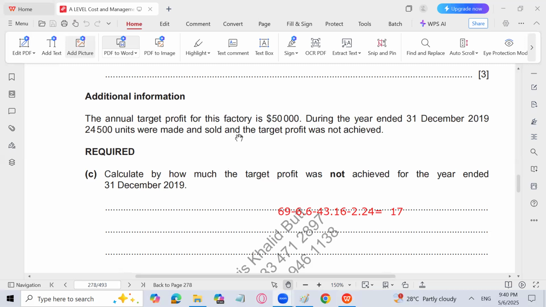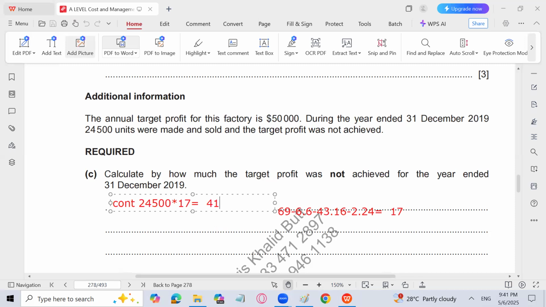We know the contribution is going to be 24,500 units multiplied by 17, because we have already calculated contribution per unit. So what is the total contribution? Currently we are producing 24,500 units.